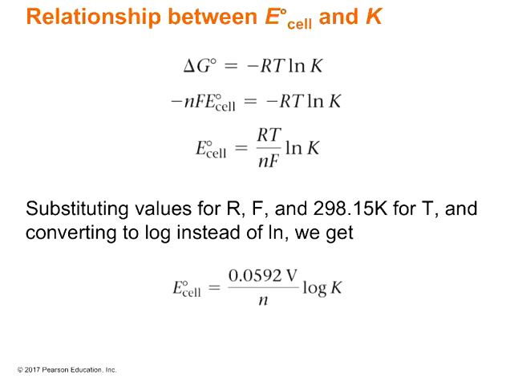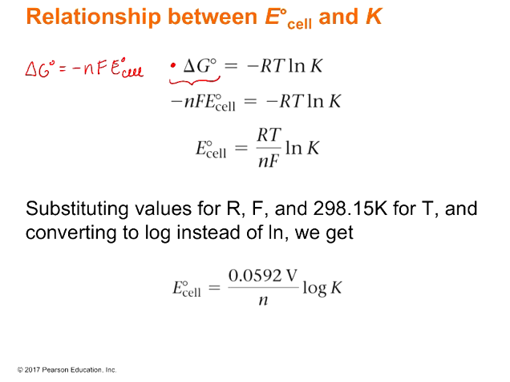All right, so last time we had discussed the equation where delta G for a reaction under standard conditions is equal to negative n times Faraday's constant times E cell, so the cell potential. Now, we also know that delta G is equal to negative RT times the natural log of K. So what if we replace delta G with negative nF E cell?